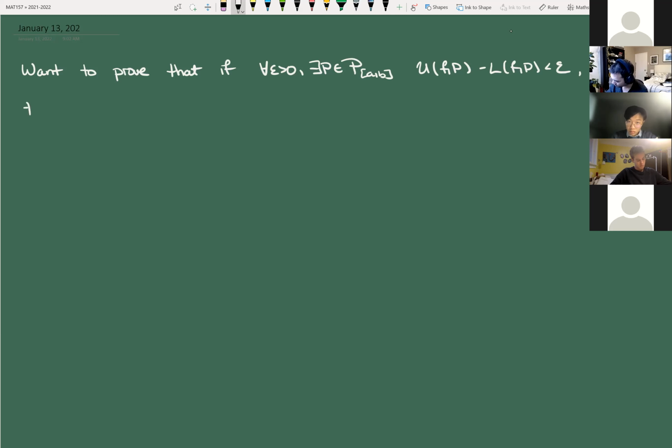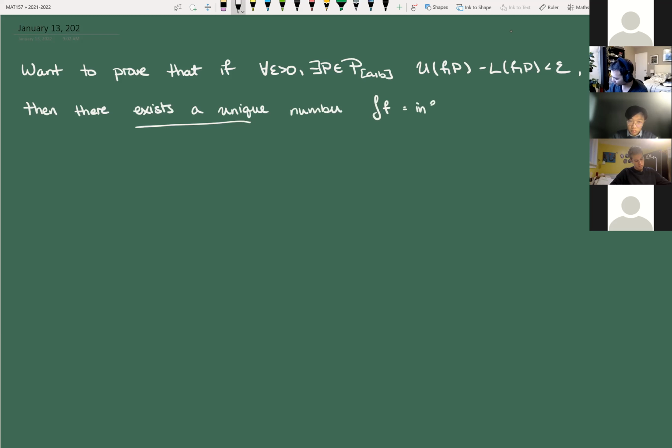And there exists a unique, and remember there's two parts here, right? If you ever see this, exists a unique, you have to prove both that it exists and that it's unique. So then there exists a unique number, the integral of f.